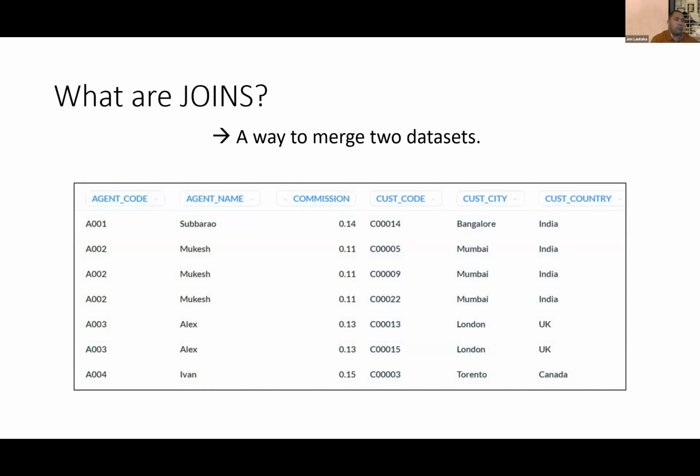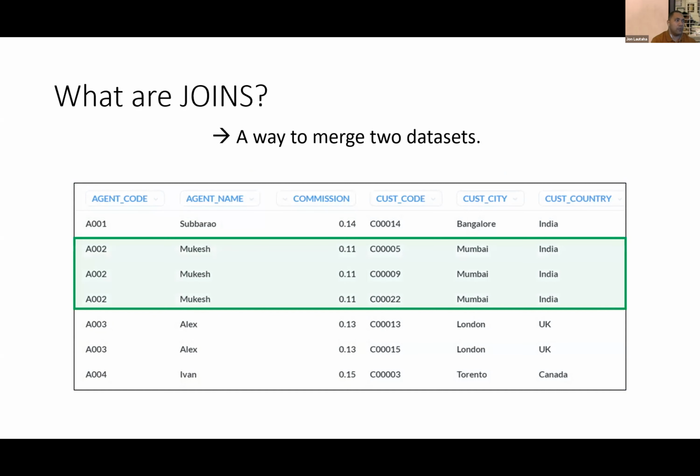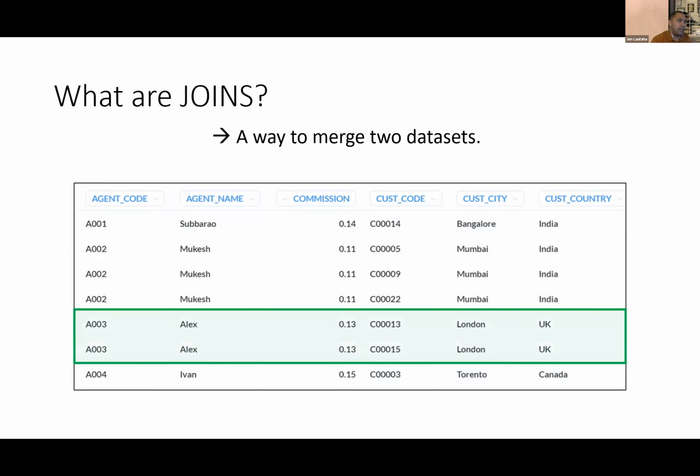The whole purpose of doing joins is to be able to derive new insights. So now that I've joined the agent and the customer table, I know that my agent, Mukesh, has 3 customers and that they're all in Mumbai. And Alex has 2 customers, both of which are in the UK. So the whole idea is being able to join data to learn more about our agents.